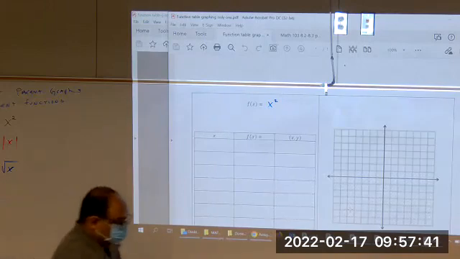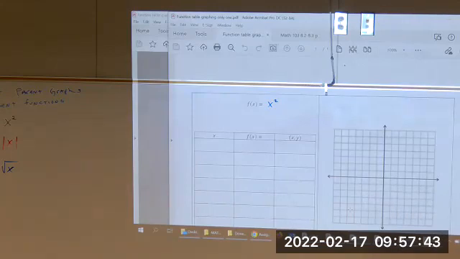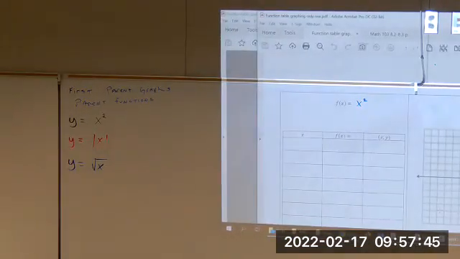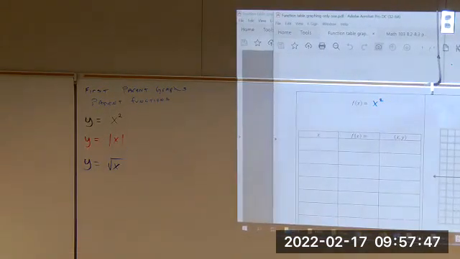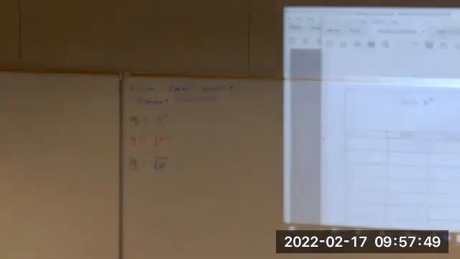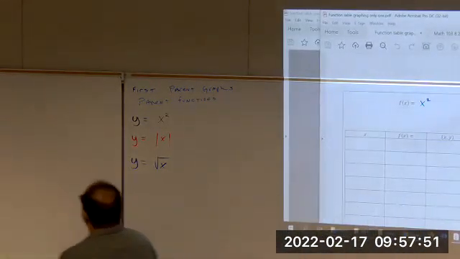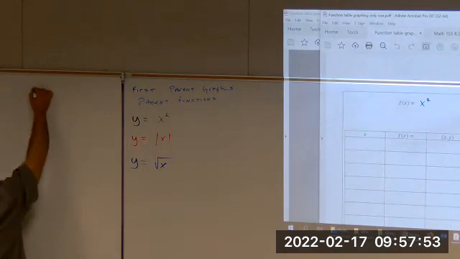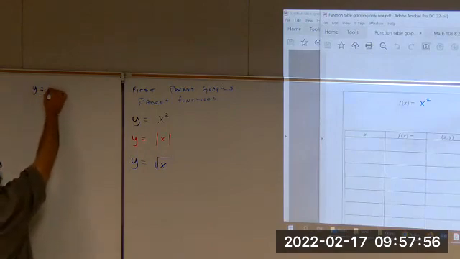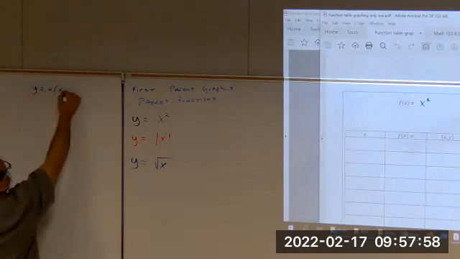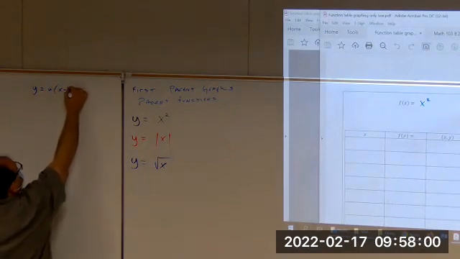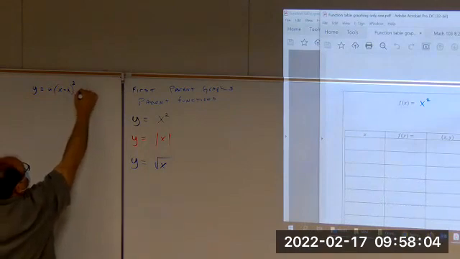So what we're going to be working on right now is all of the pieces for the first one, y equals a times x minus h parentheses and then the square, and then afterwards comes the plus k.